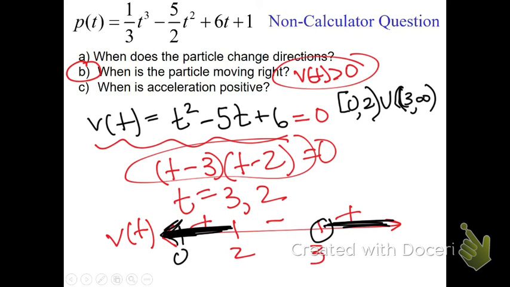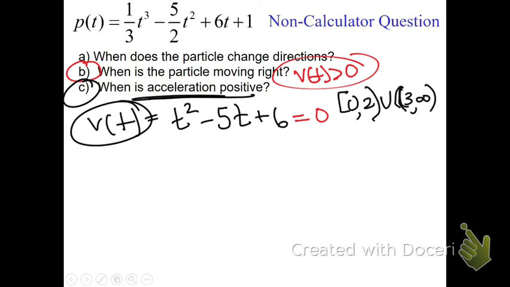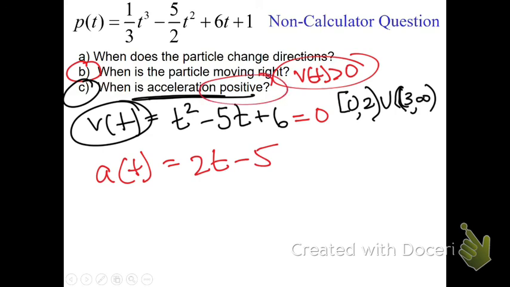Okay, so if you can't use a calculator, you have to do a sign chart. Part C, think about that one. How would you do that? Well, acceleration is the derivative of velocity, so we would have to do another derivative. Find acceleration, which would be 2t minus 5, and find when that's positive by doing a sign chart of acceleration.